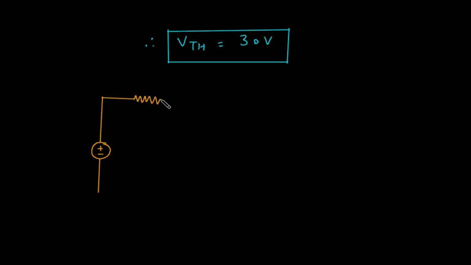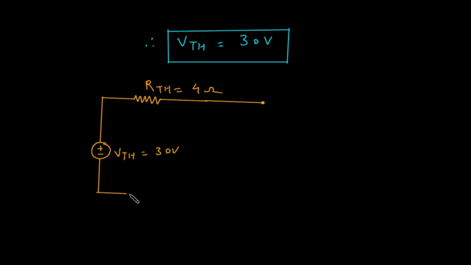This is RTH. This is VTH. Here we will write VTH is equal to 30 volt, RTH is equal to 4 ohm.